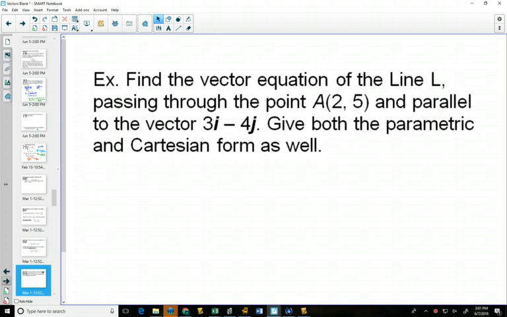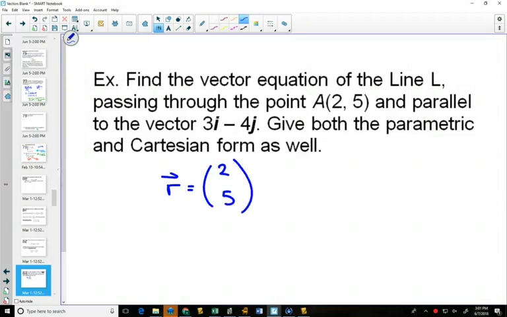So our vector equation of a line says take any point on our line. We have 2, 5 plus a scalar times the direction vector 3, -4. What makes a vector equation really nice is you're not concerned about finding a specific point like a y-intercept.